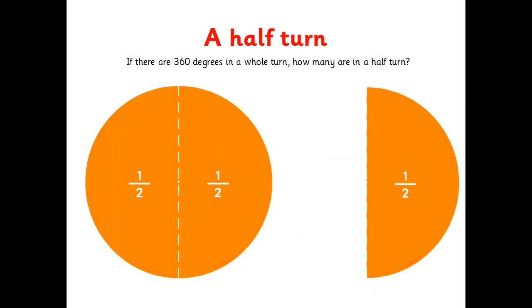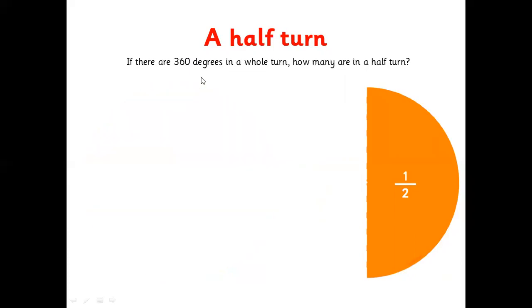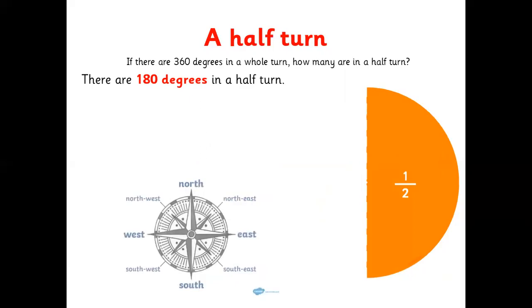Okay, so 360, if we drop that 0 and we think of it as 36, we can partition that, half of 30 and half of 6. So half of 30 is 15, half of 6 is 3. If we add those together, we get 18, and we put our 0 back as a placeholder, and therefore there are 180 degrees in half a turn.